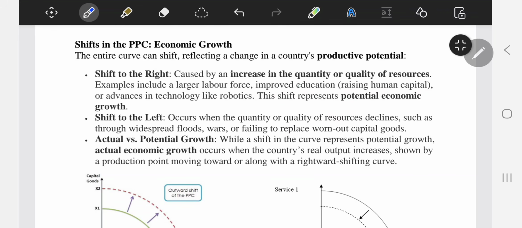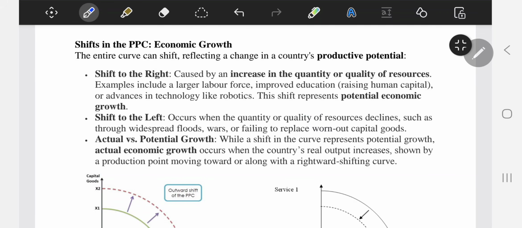Another thing is improved education. This is going to increase the productivity of labor, of course, and improve the quality of labor, and therefore they'll be able to produce more per hour, per worker. And then advances in technology, for example, robotics. This may improve production, so shift the PPC to the right.